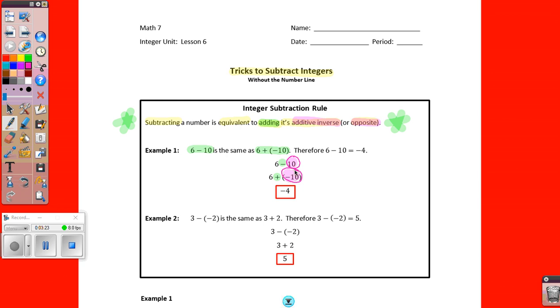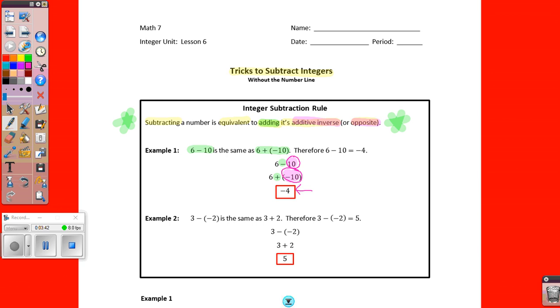We already know how to add positive and negative numbers. So we are applying something from what we have already learned to a new concept. So 6 plus negative 10, that answer is negative 4. So that's how you get the final answer, negative 4.